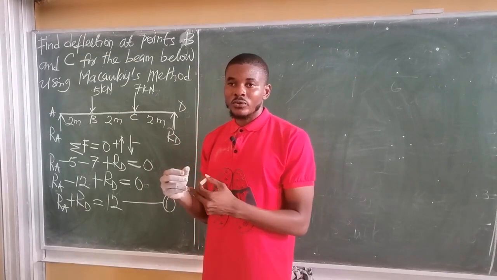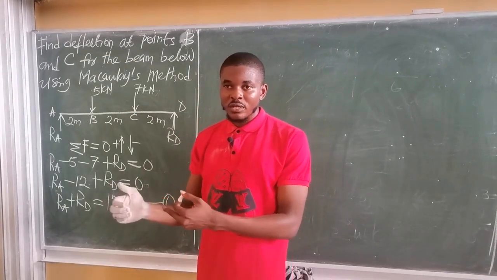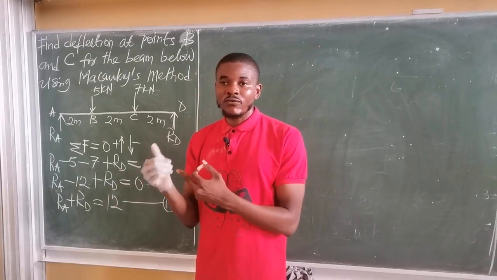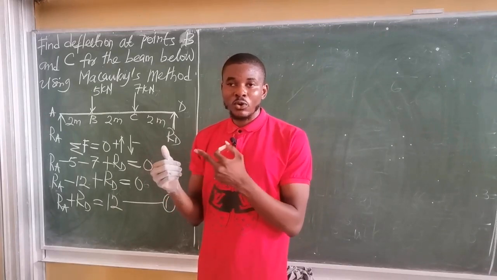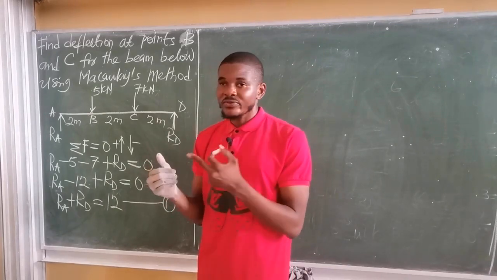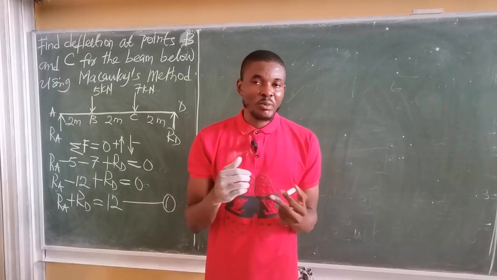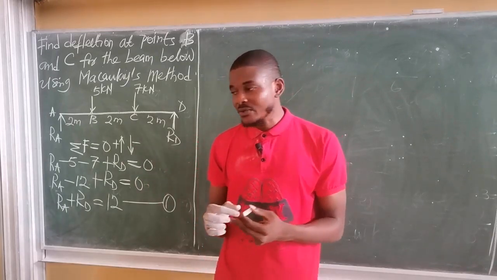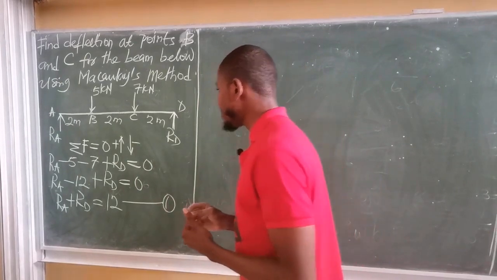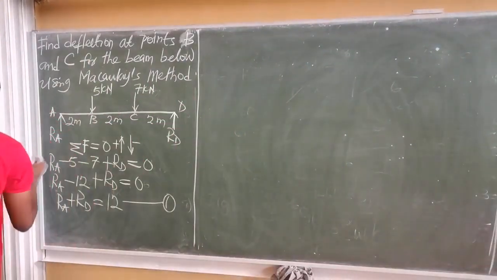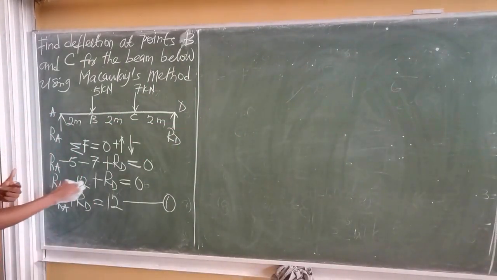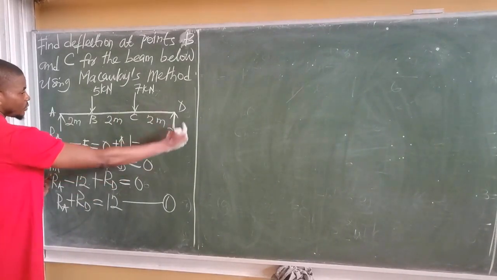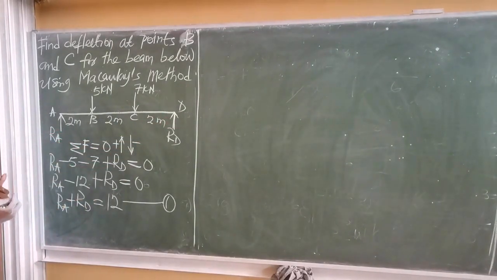If there's no distance between the unknown force and that point, the moment of that unknown force becomes 0 about that point. So you can find the moment of the other force about that point and obtain the value of that reaction. So let's take moment at point A because I have an unknown reaction here. I can as well take moment at point D, since I have an unknown reaction here, I will still obtain the same result.